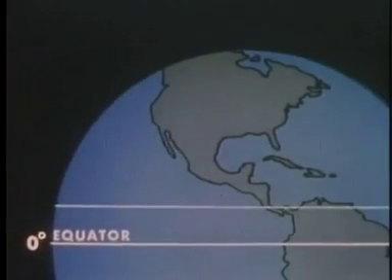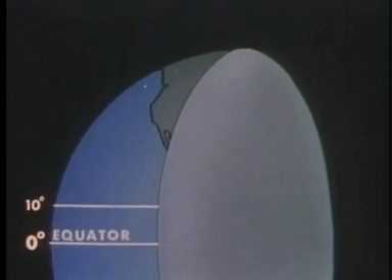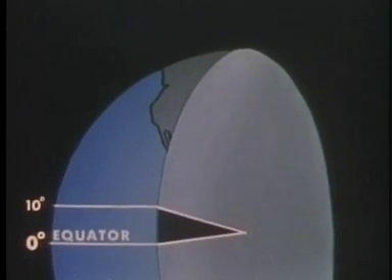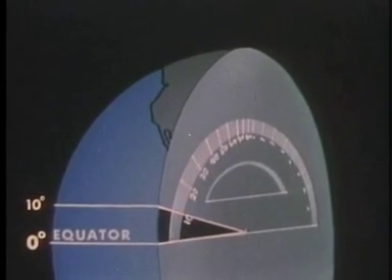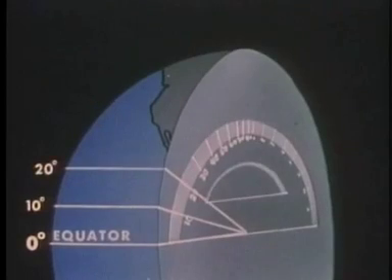And other lines of latitude are drawn parallel to the equator. Any place on this line is at 10 degrees north latitude. To see why, we'll cut away a section of the Earth. Now we can measure distance from the equator as parts of a circle. This angle does measure 10 degrees. And this angle measures 20 degrees.